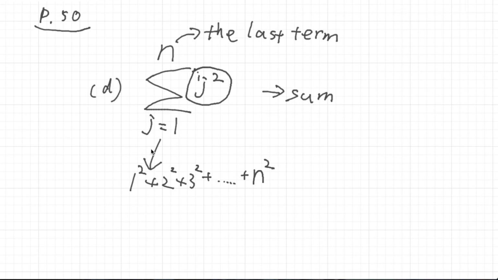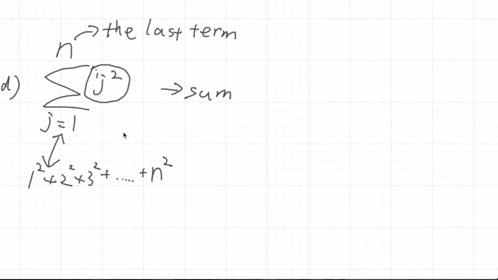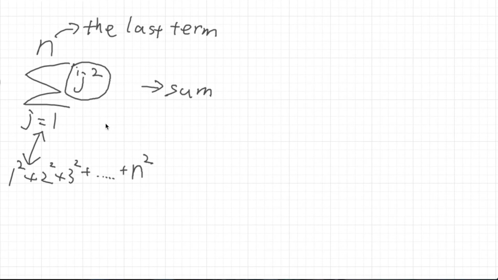If you knew what n was, if for instance n was 6, it would be 1 squared plus 2 squared plus 3 squared plus 4 squared plus 5 squared plus 6 squared, and that would be precisely equal to this entire sigma phrase.